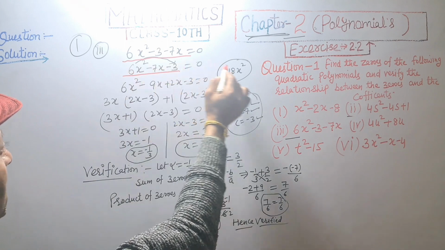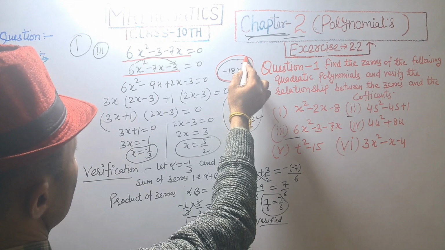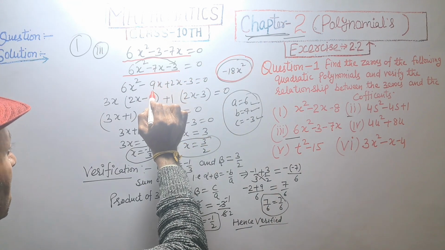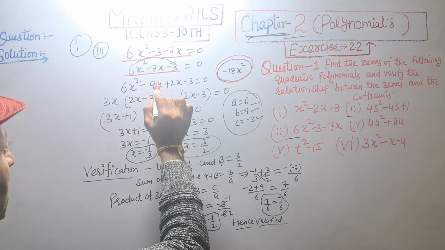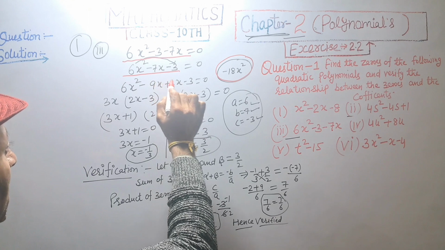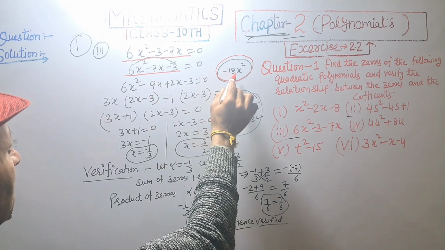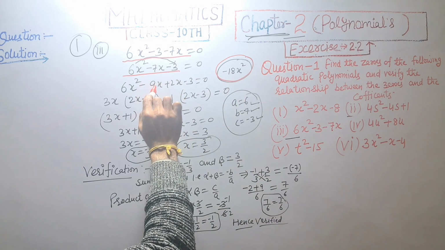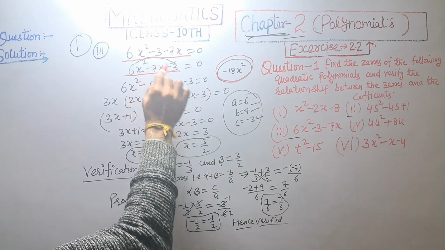Product of first and last is minus 18x square. And we split minus 7x, that is equal to minus 9x plus 2x. Product of 9x and 2x is 18x square.